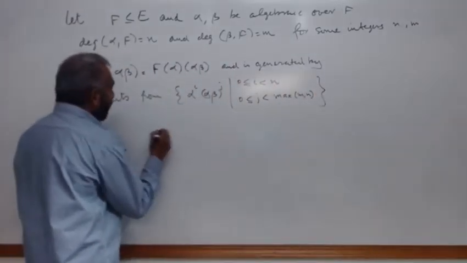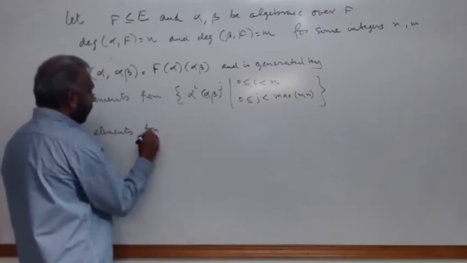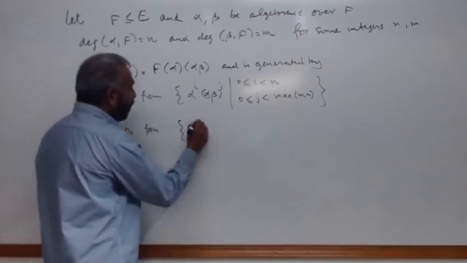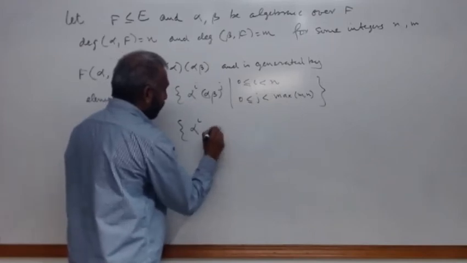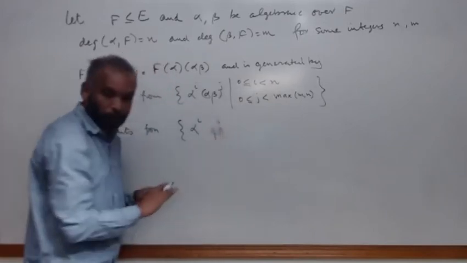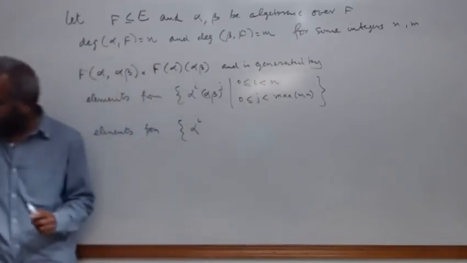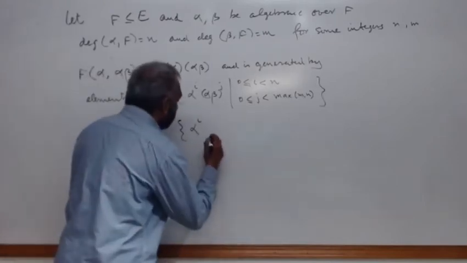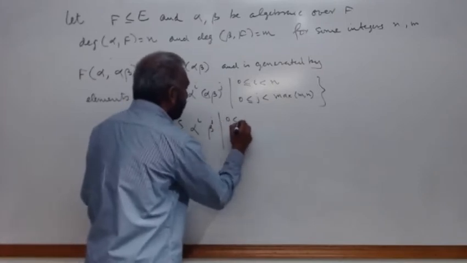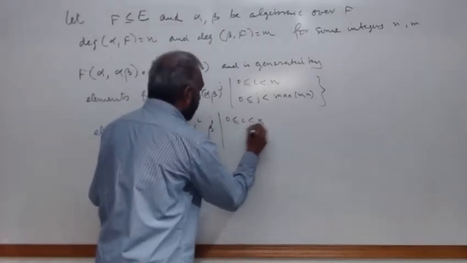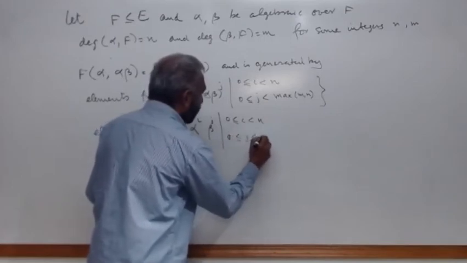So this can be written as elements from alpha^i, beta^j, alpha^i beta^j, 0 less than or equal to i less than n, 0 less than or equal to j less than m.